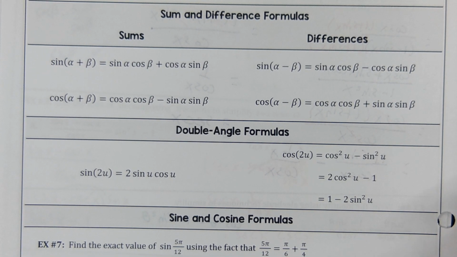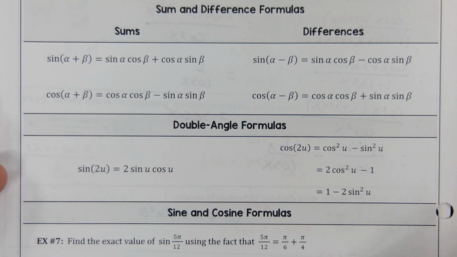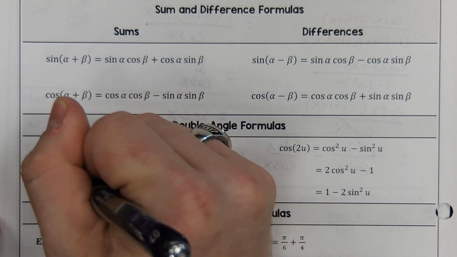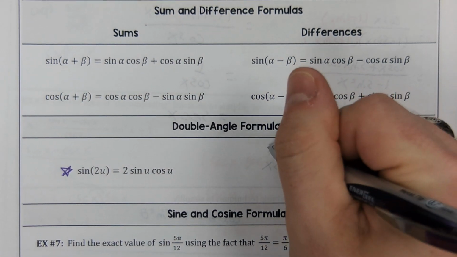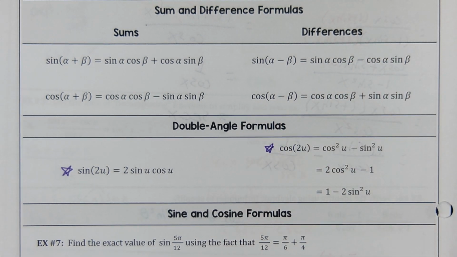Well, I could tell you how I rebuild them when I need them. It's going to sound a little ridiculous, but I leave myself some breadcrumbs that help me rebuild these identities when I need them. I have memorized some of them. I have this one and this one memorized.